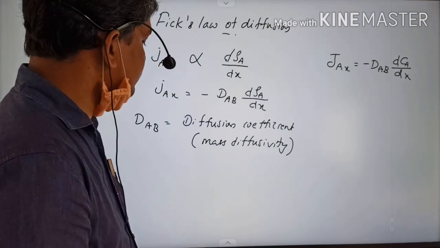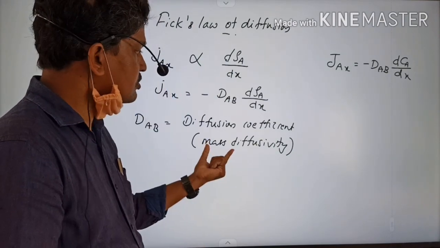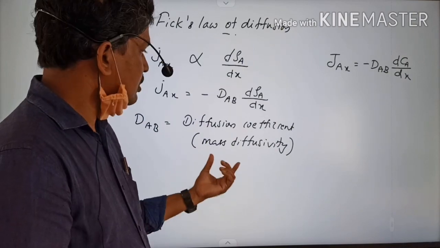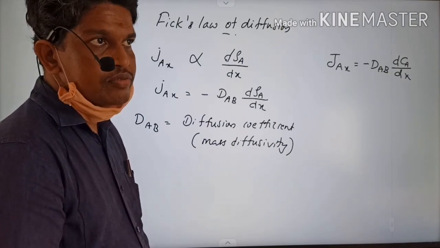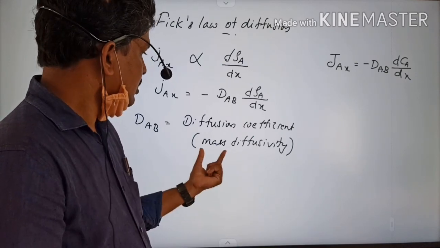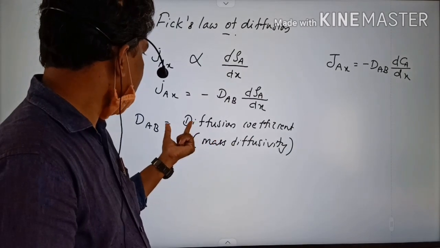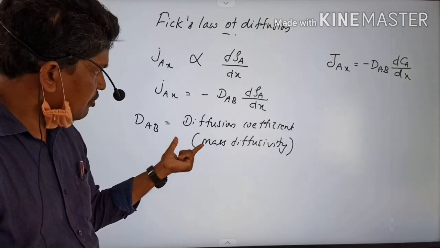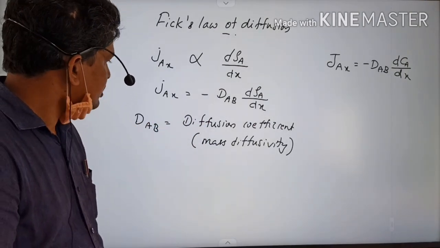We have seen similar terms, that is thermal diffusivity alpha and kinematic momentum diffusivity nu, the kinematic viscosity. Similarly, in mass transfer we have a constant known as mass diffusivity, DAB.